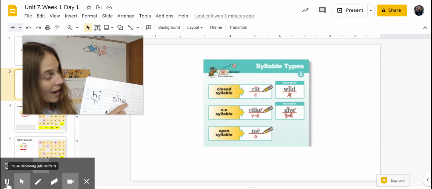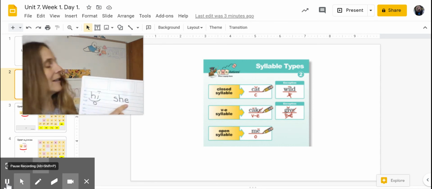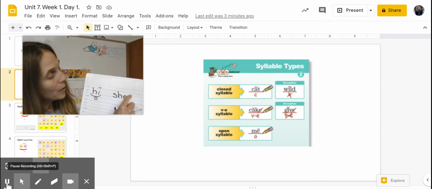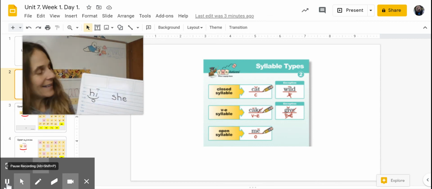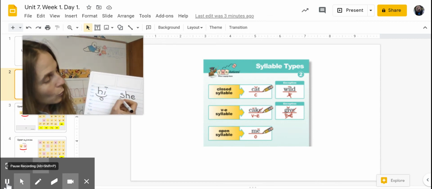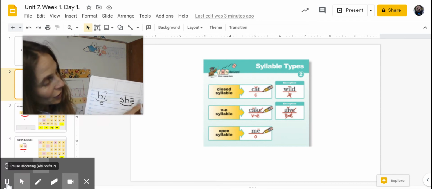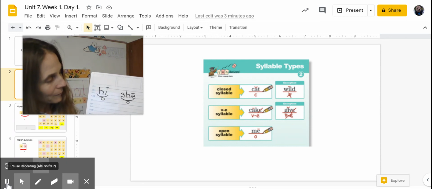I've got my E at the end, and it's an open syllable. There's nothing closing it in, so my vowel sound is long. My E is saying its name. So let's look. I've got one vowel, so it's one syllable. My vowel sound is long because there's nothing after it closing it in, and so this is an open syllable.